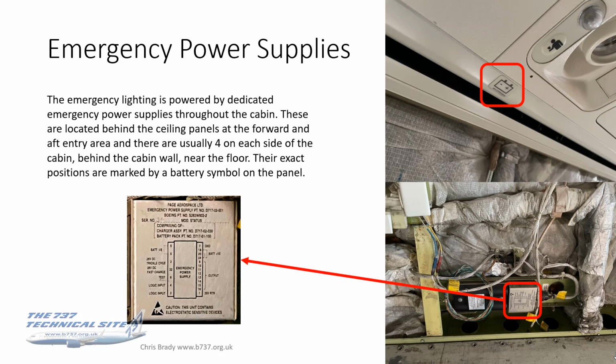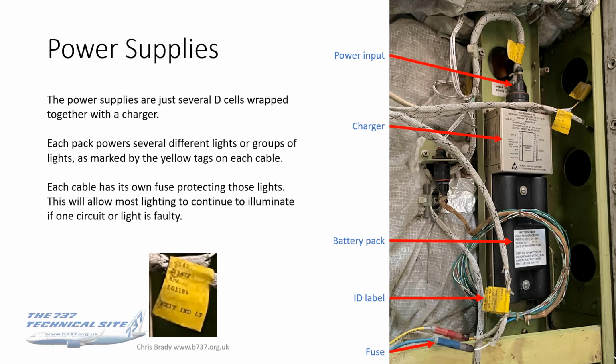Their exact positions are marked by a battery symbol on the panel, which you can see up there. The power supplies, they're just basically several D cells wrapped together with a charger. That's all they are. I've labelled one up there.